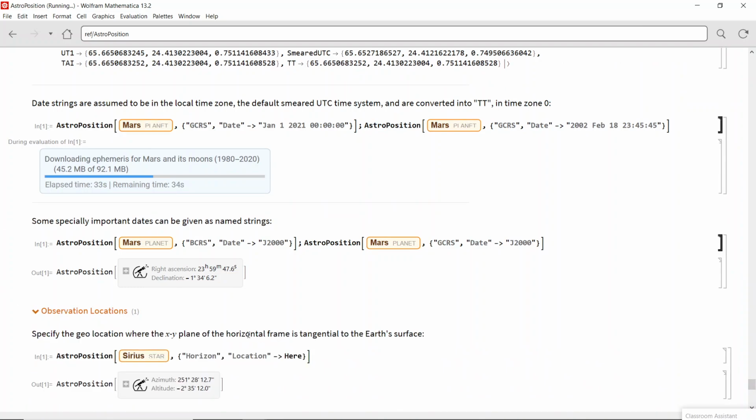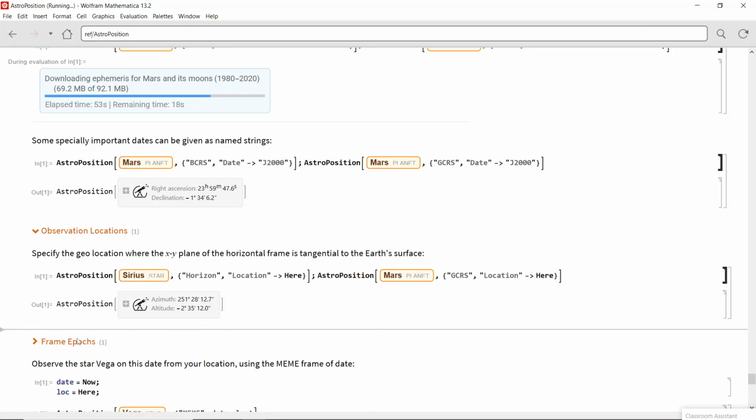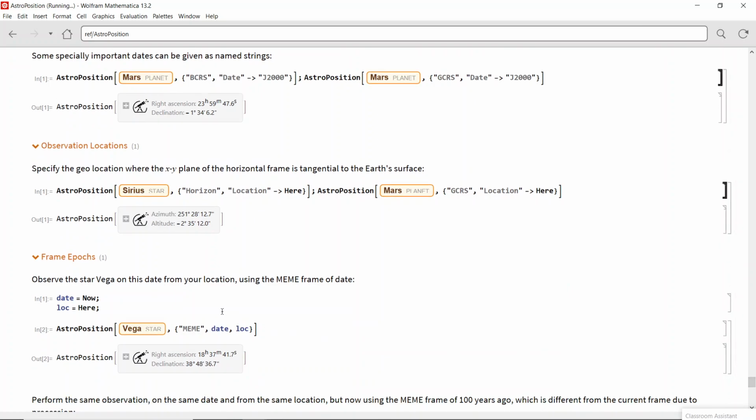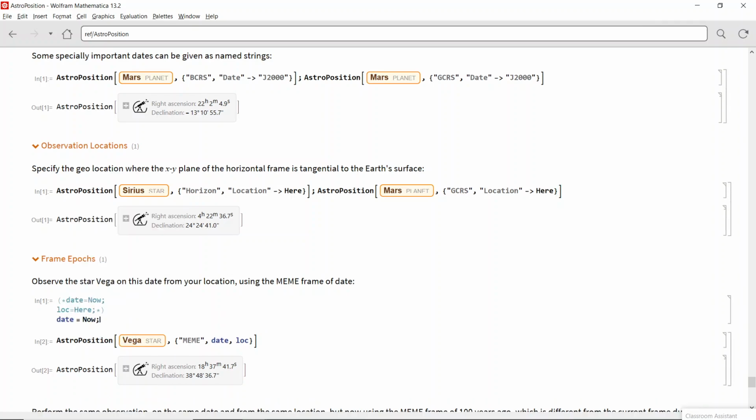Observation locations specify the geolocation where the XY plane of the horizontal frame is tangential to the Earth's surface. Location here. Observe the star frame epochs. Observe the star Vega on this date from your location using the mean frame of date. So I know this date equals now.